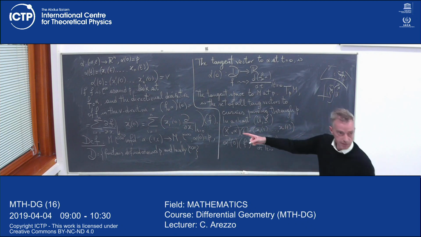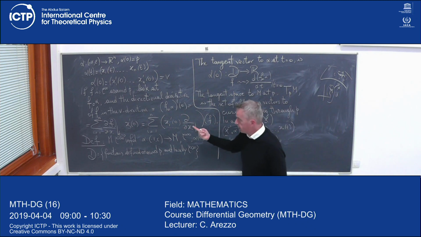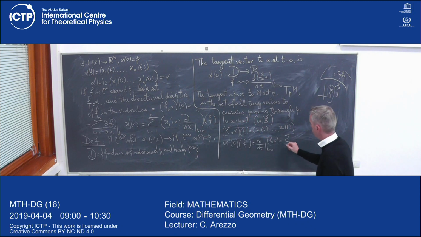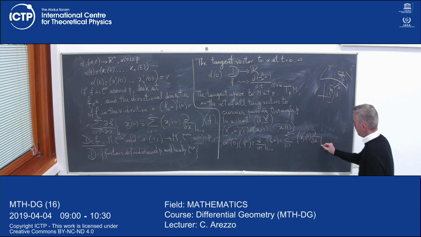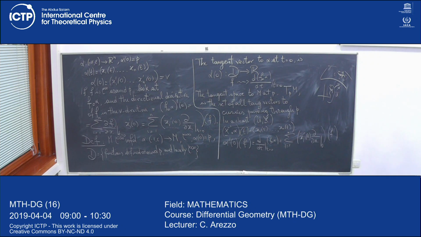But now symbols have a different meaning. In fact, in some sense, I'm giving meaning to this symbol here. So of course, this becomes the sum from i equal to 1 to n of x_i prime of 0 times the partial derivative with respect to xi at 0, acting on f. Okay, that's just the same computation.